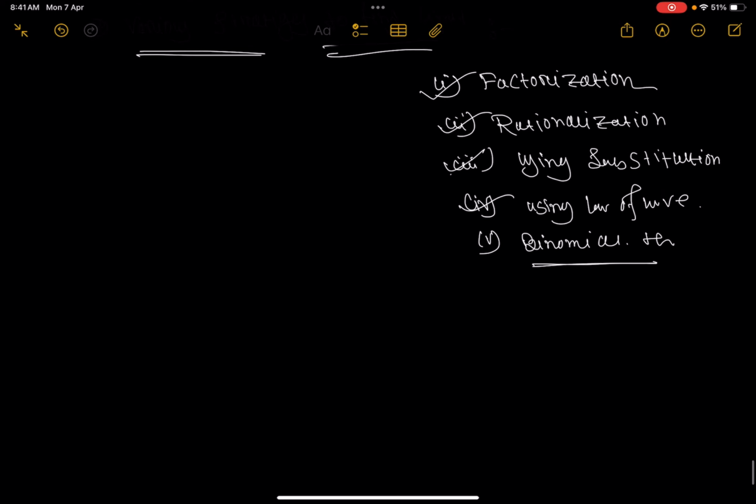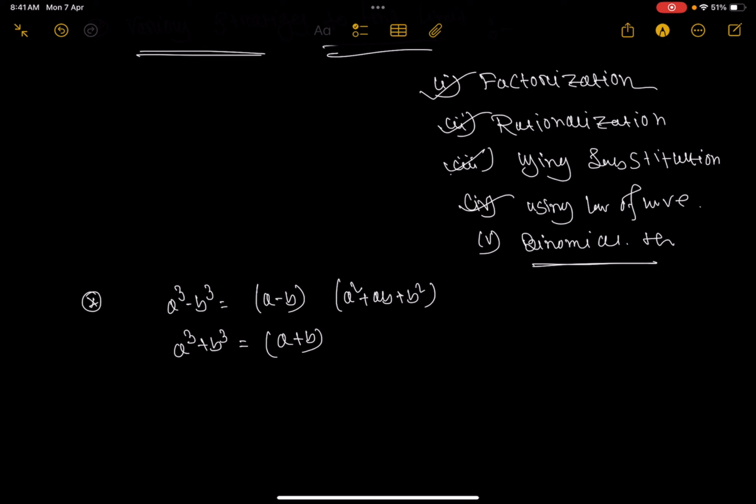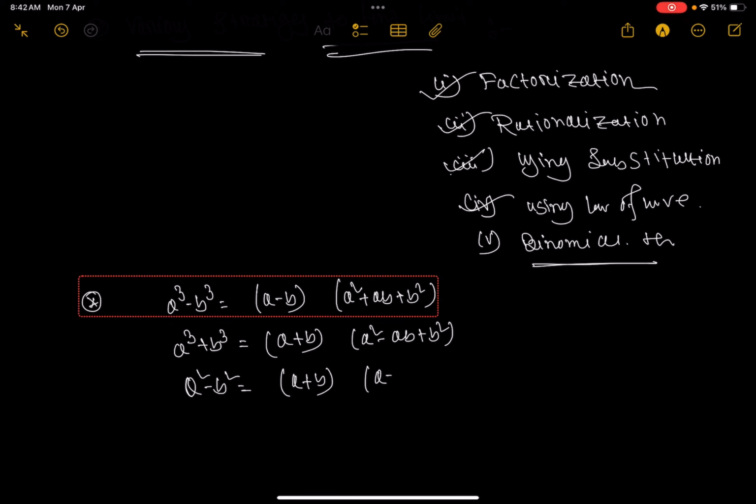For factorization, we need many algebraic formulas, but we write one or two. a cube minus b cube equals a minus b into a square plus ab plus b square. a cube plus b cube equals a plus b into a square minus ab plus b square. a square minus b square equals a plus b into a minus b.